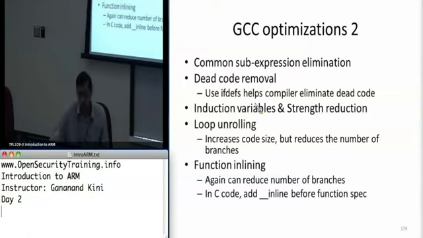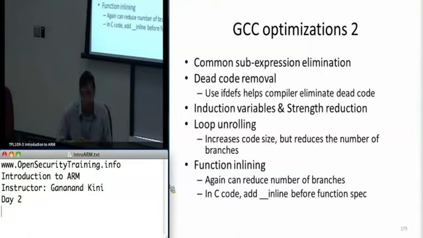So if you use ifdefs, it's pretty easy for the compiler to check the variable state and see if that code is ever going to get run, and then remove that piece of code if that define is never set. Another one is induction variables and strength reduction. Induction variables are variables that always increment or decrement in fixed amounts inside of your code.